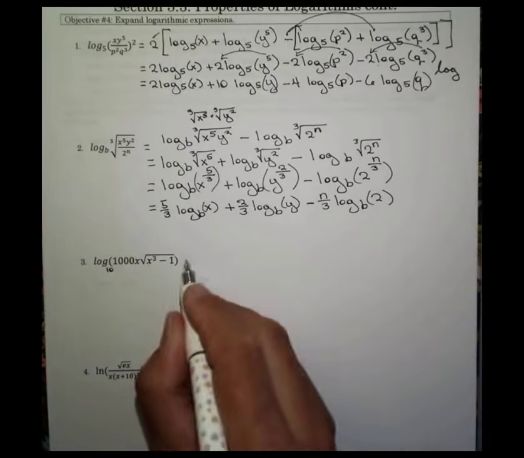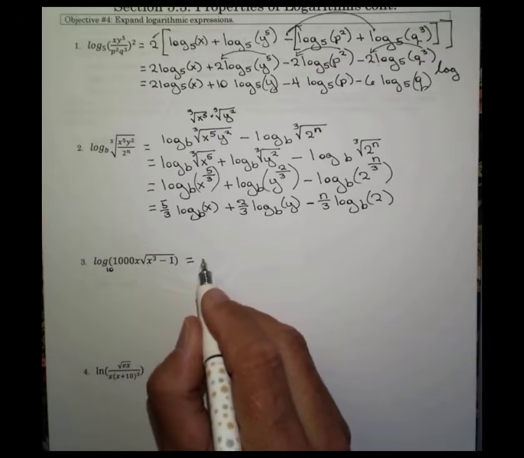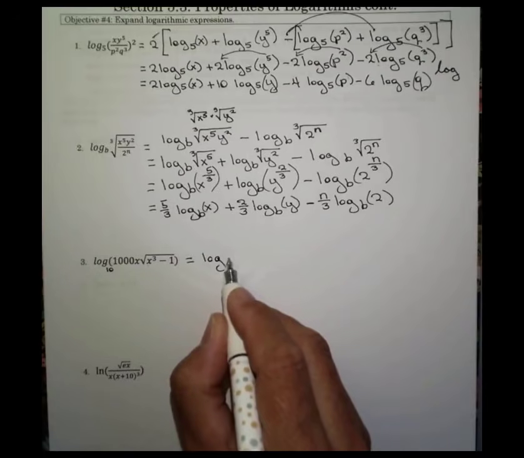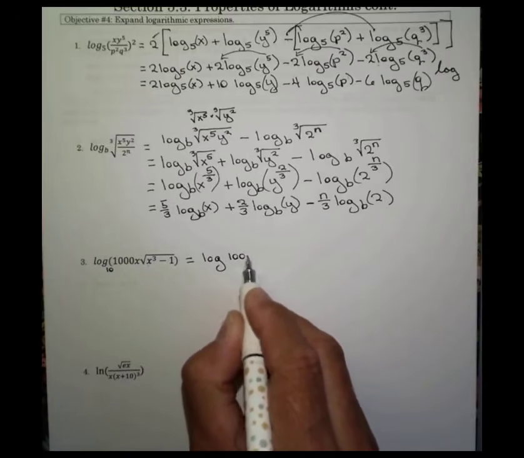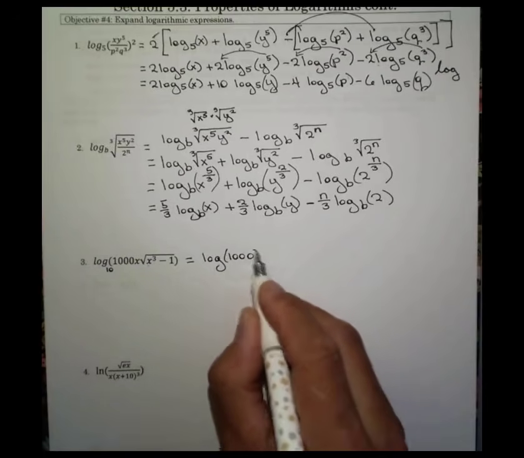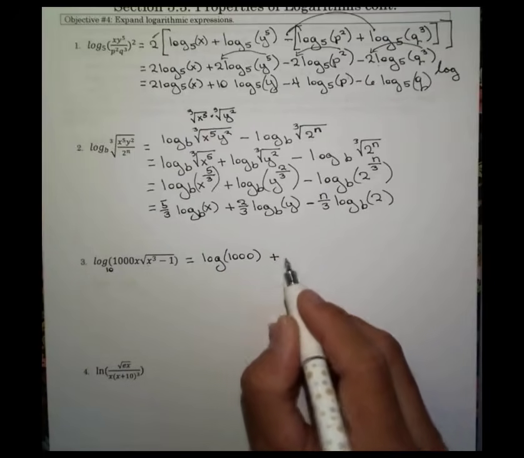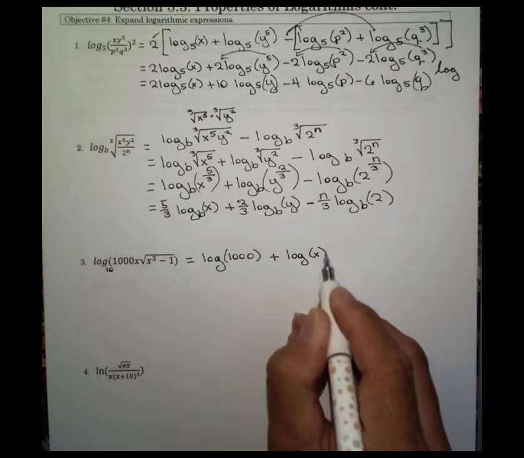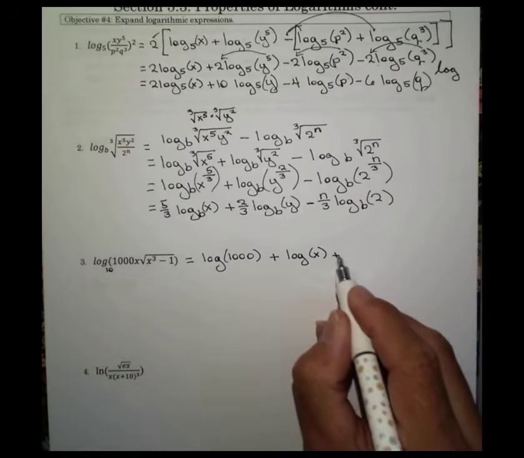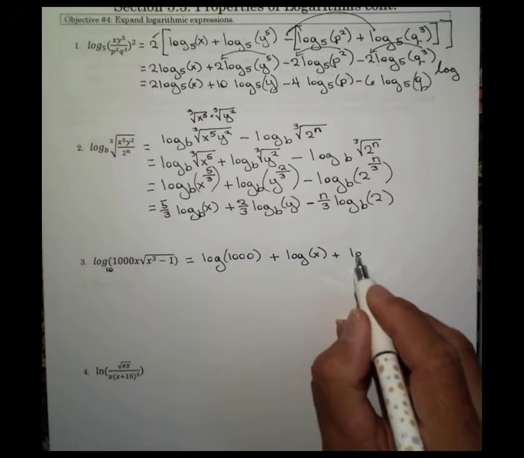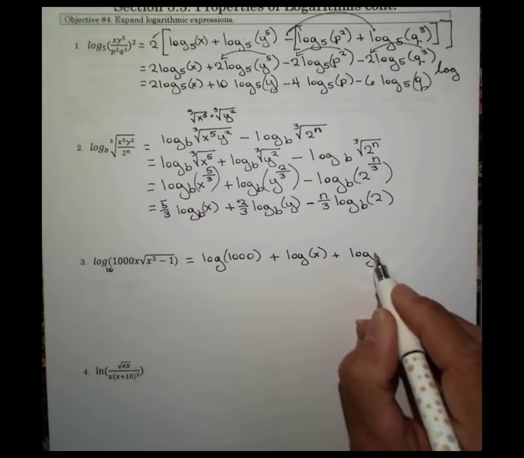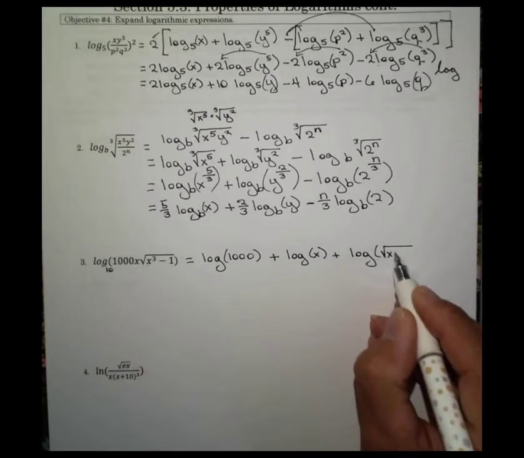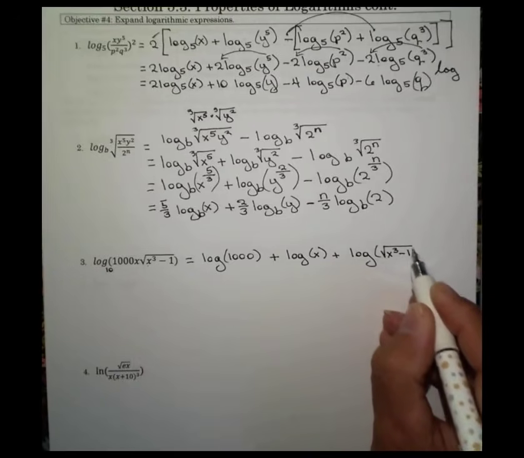So let's go ahead and divide this out. We'll say this is log of 1,000. And then it's plus because it's times the log of x. And then it's plus again because it is times again log. And this is where we say this is the radical, square root of x cubed minus 1.